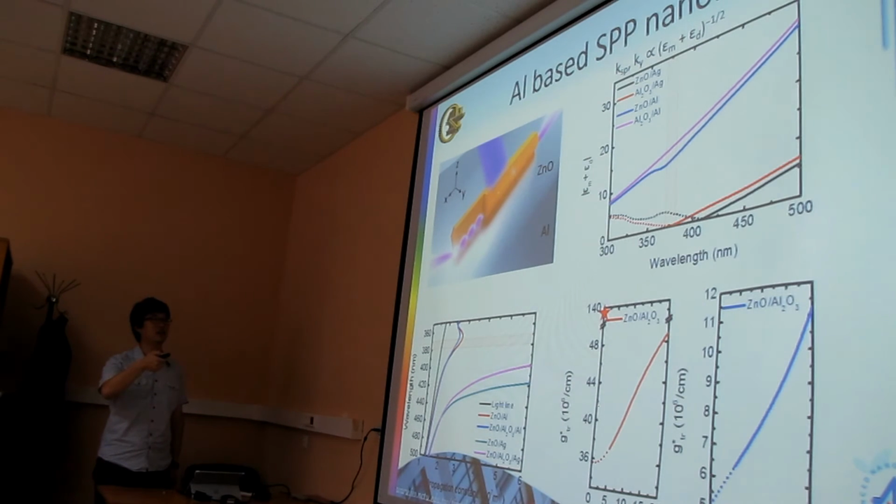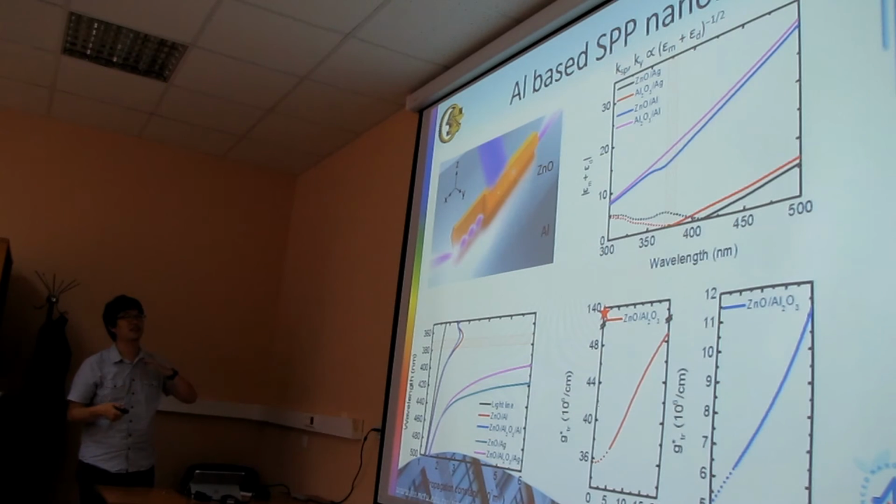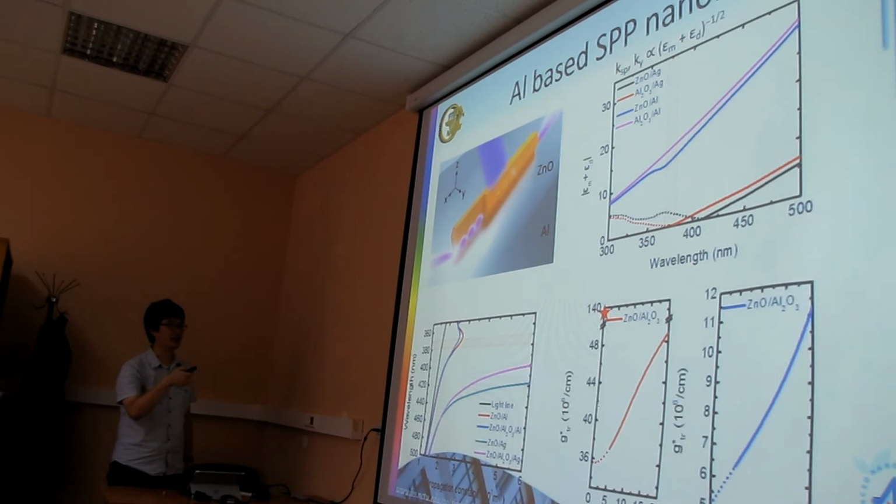In our case, we think that zinc oxide combined with aluminum is more convenient for realizing the surface plasmon laser, because it can get rid of the dielectric layer.